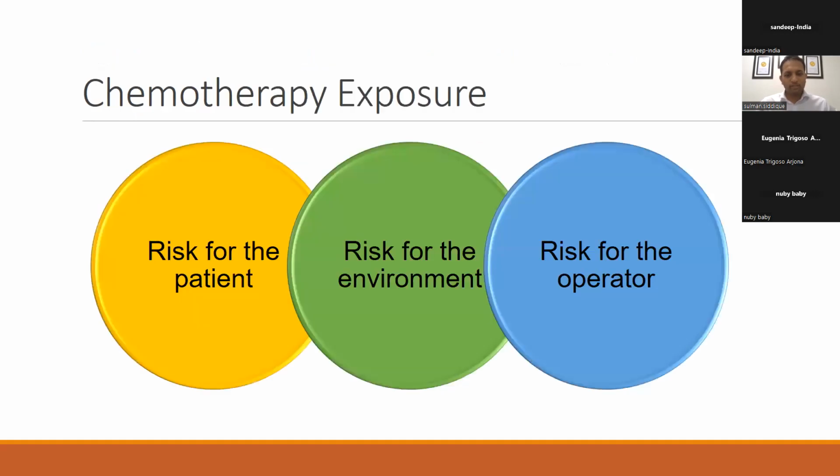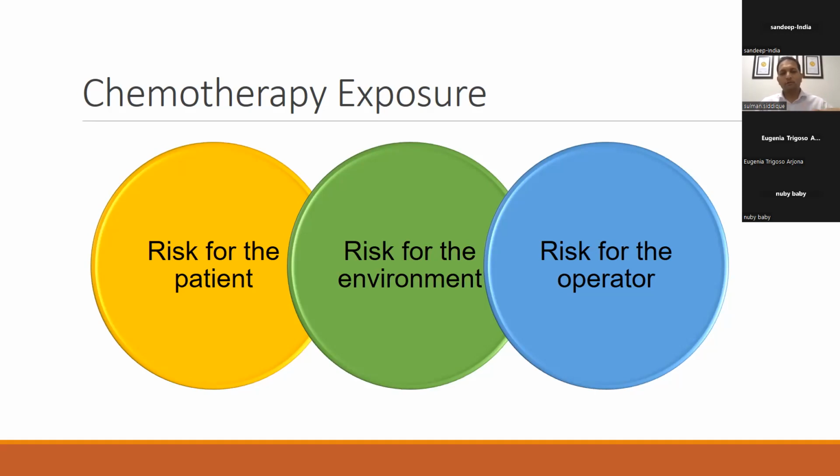So moving forward, chemotherapy exposure. Why are we talking about safe handling of chemotherapy? Why does it have to be safe? We know that chemotherapy is toxic, but the risk of chemotherapy exposure is not only limited to the patient.